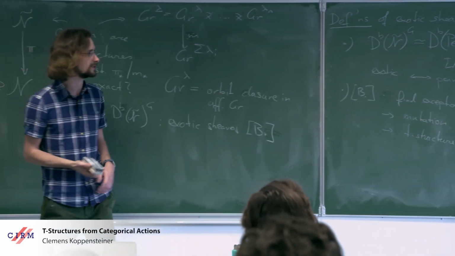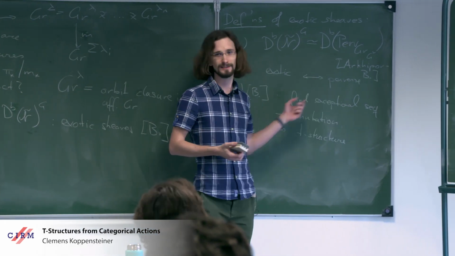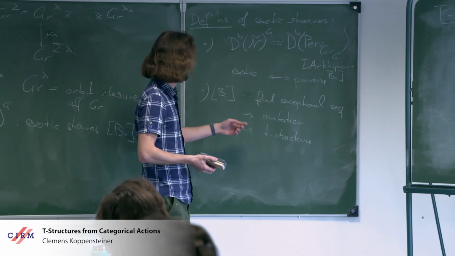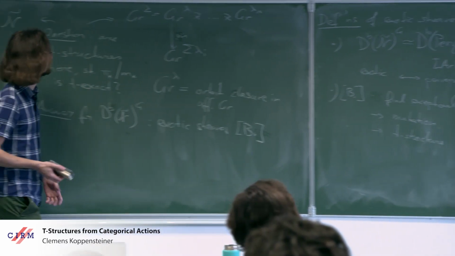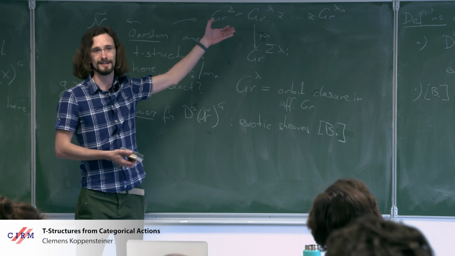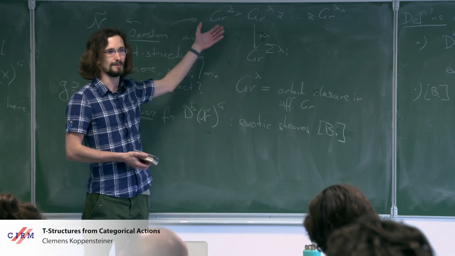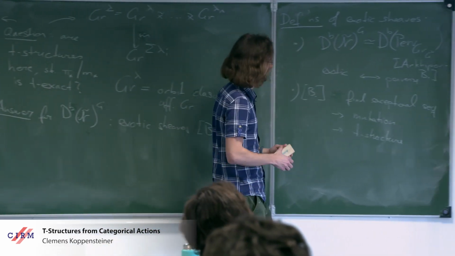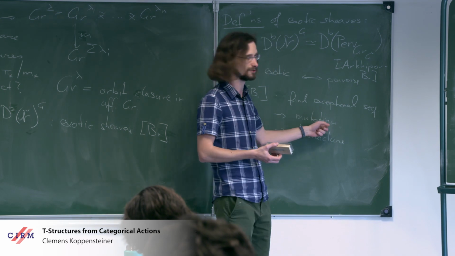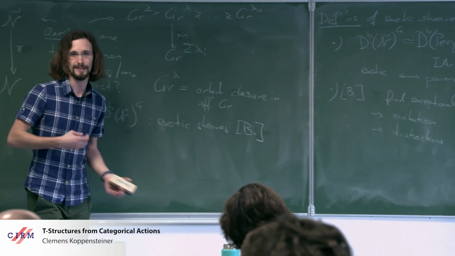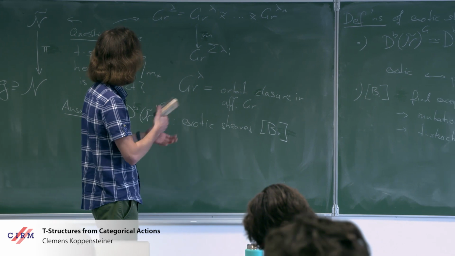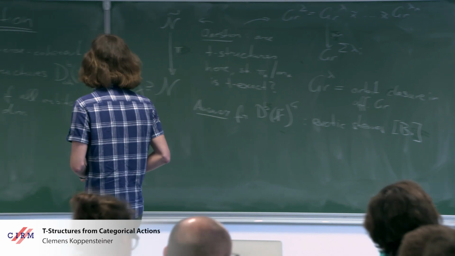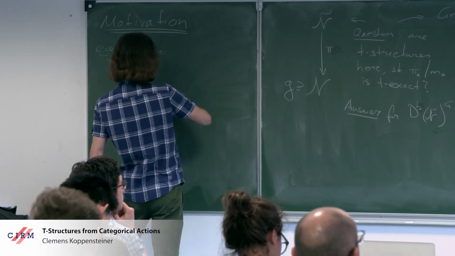That's a more general approach, but finding exceptional sequences is a whole business, and it's a hard thing. If you look at some variety like this, you wouldn't know whether there's an exceptional sequence or not. There might not be one in general, so it's also not trivial to generalize. And the second part, mutation, the way he did it, has something to do with representation theory. Again, it doesn't really generalize, so you don't know what to do in general. So these two things didn't work out so far.